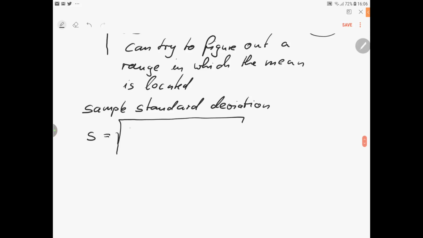And what we do is we sum up our differences between the individual data point and our sample mean. This is x bar. We square that, and now we divide by, and here comes the big difference.